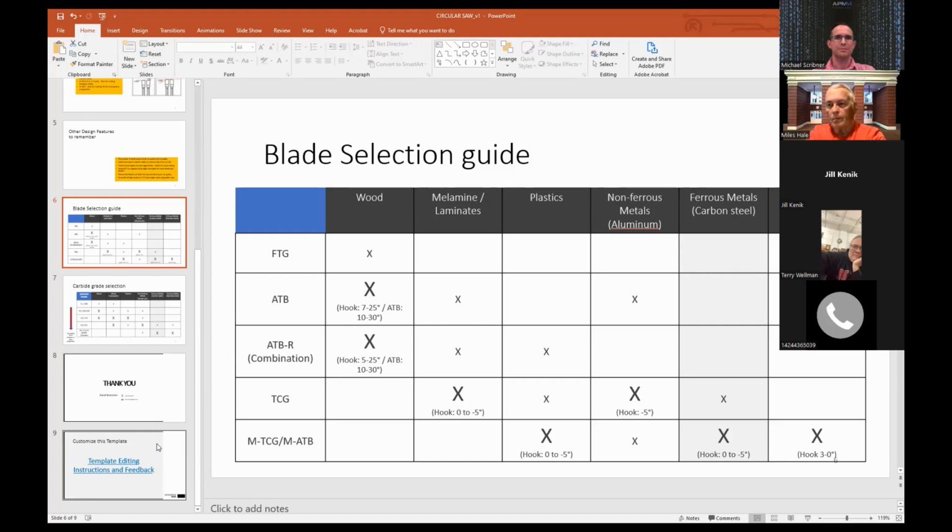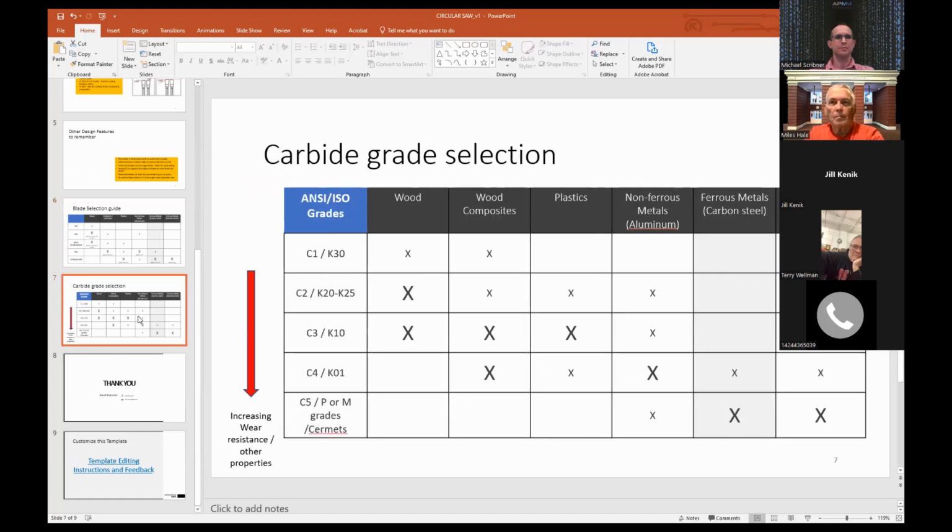We talked about the modified ATBs really being primarily for plastics with a 0 to -5 degree hook angle, and then the modified TCGs primarily for your carbon steels and stainless steels. Again, 0 to -5 on the carbon steels, and then that low hook angle on the stainless steels of about 0 degrees up to about 3 degrees. Moving on to the carbide grade selection.